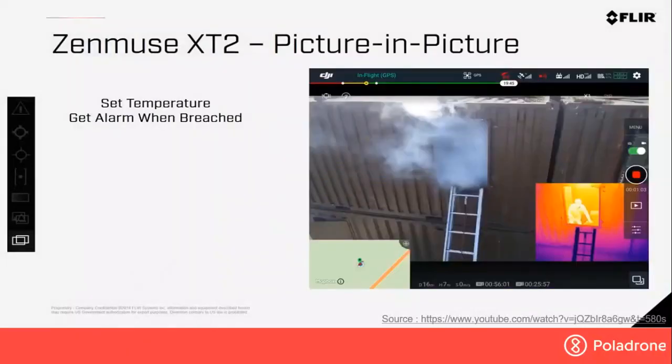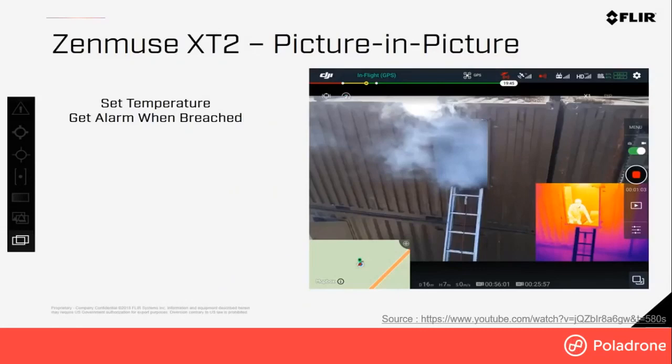And then the last function that we're going to talk about is picture in picture. Basically when using the Zenmuse XT2, you can see 2 views: one is the RGB view and one is the thermal view. This will help you when doing search and rescue and other tasks, as you can see both the visible view and the thermal view.